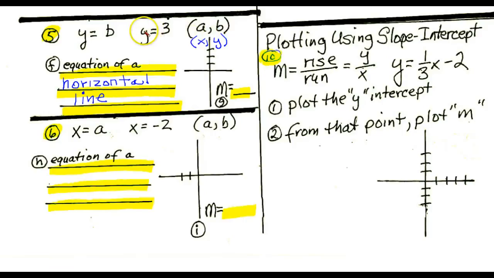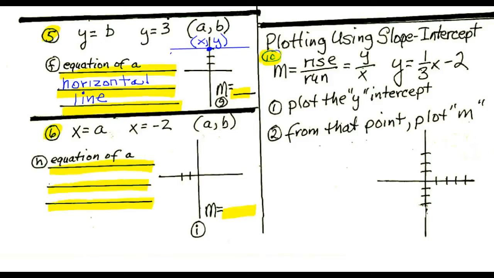Now, when we see an example like this, since this is an equation of a horizontal line, to plot it, we take our point and put it on the y-axis, and then we draw the horizontal line. Oh, I'm a little bit off there. Let's try it again a little higher. There we go.